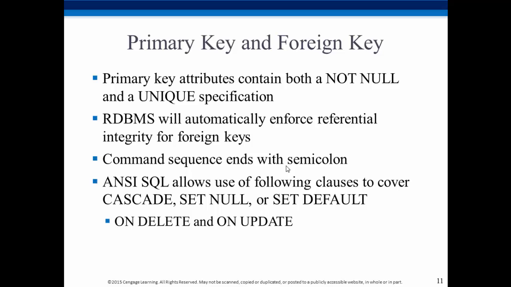Referential integrity, what that means is your table with your primary key is the parent. If it's used as a foreign key in another table, that's the child table. And you cannot delete a parent if it has records in the child table.